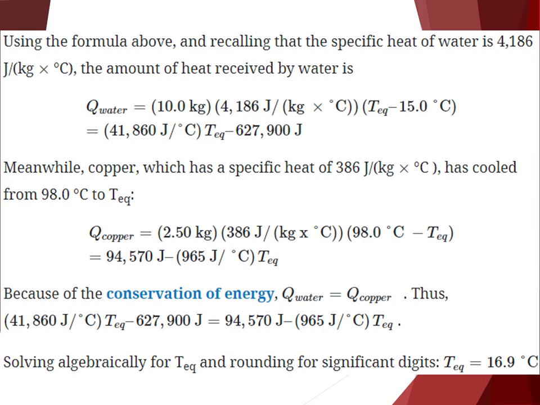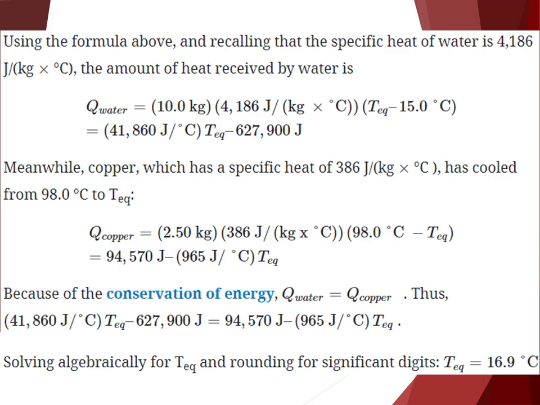Now, here's where we get to apply the law of conservation of energy. Because energy is conserved in a closed or isolated system, we know that the Q, or heat transfer, of the water is going to be equal to Q of the copper. Therefore, we can set the two terms, Q water equal to Q copper.